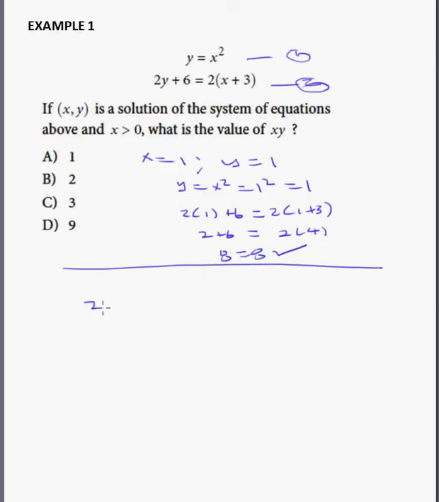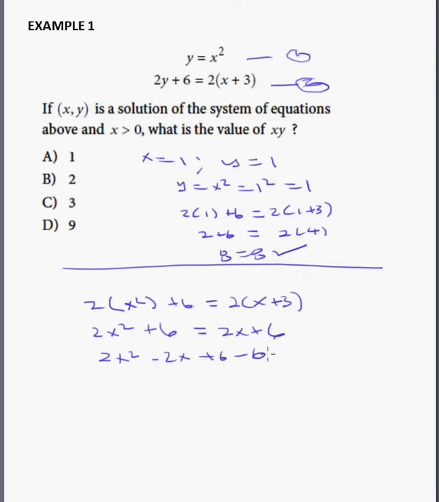So the second equation becomes 2 times x squared plus 6, and that should be equal to 2 times (x plus 3), right? Therefore, this becomes 2x squared plus 6 is equal to 2x plus 6. Let's bring everything together. So 2x squared minus 2x plus 6 minus 6 is equal to 0.